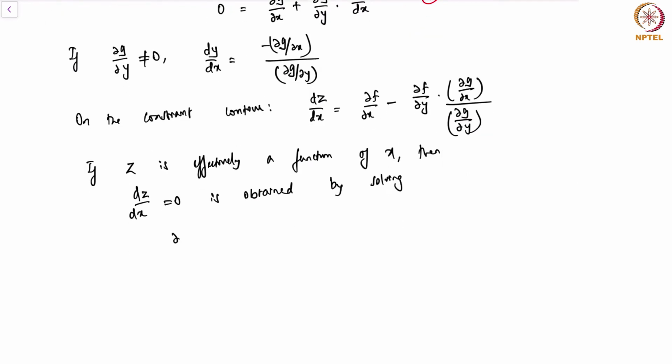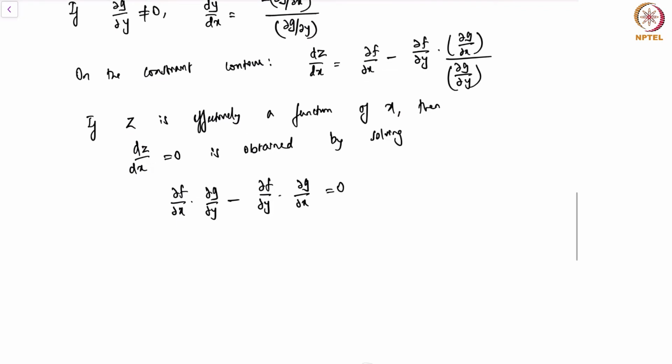What is it? Del f by del x, sorry, times del g by del y minus del f by del y times del g by del x is 0. Okay, subject to the constraint g of x comma y equal to 0.